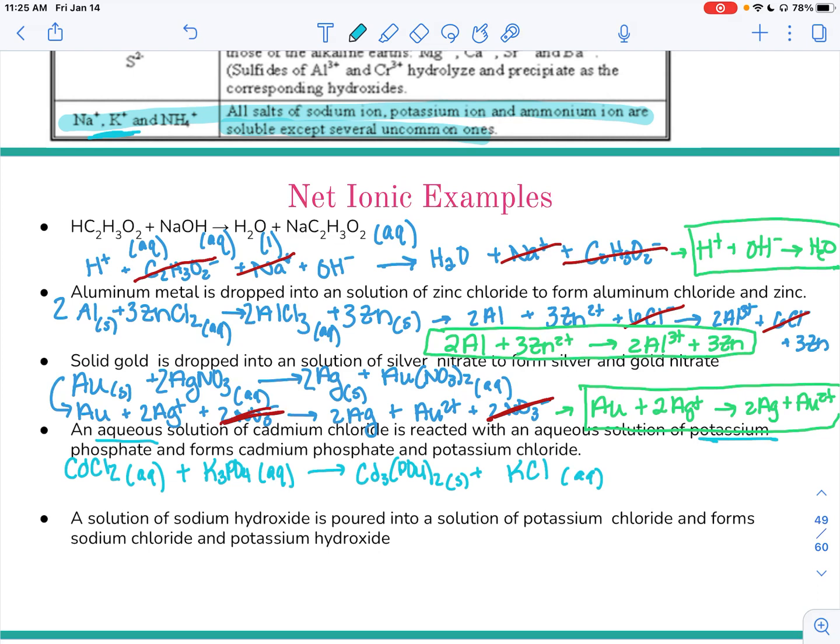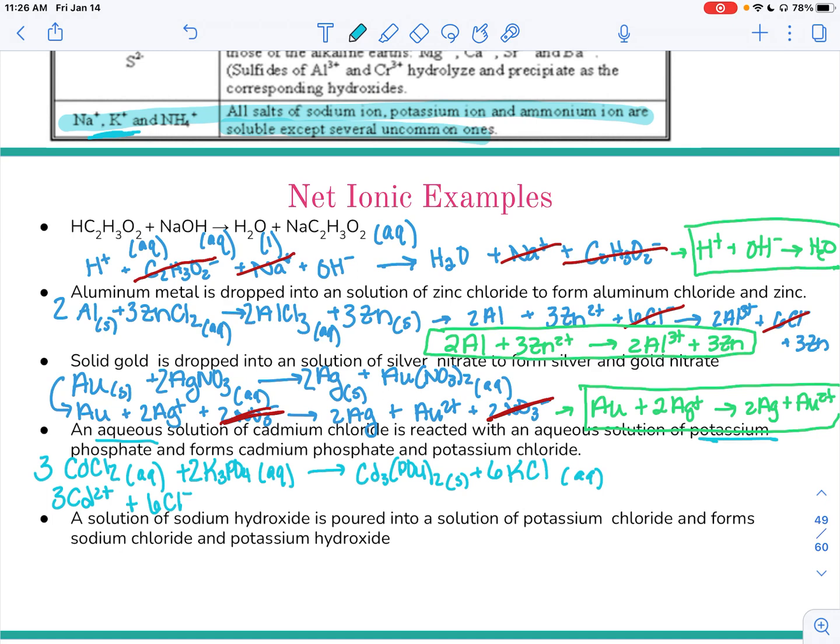Oh, before I do that, of course, I'm going to balance. So we'll have 3Cd2 plus, 6Cl minus.